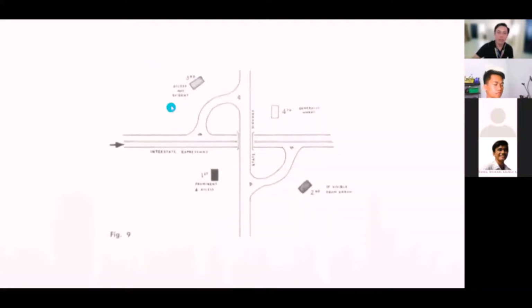So ayan, access not evident. So first, this is generally worst. Ibig sabihin kasi parang hindi kita, hindi maganda yung pagkaka-orient ng space, kaya worst to.